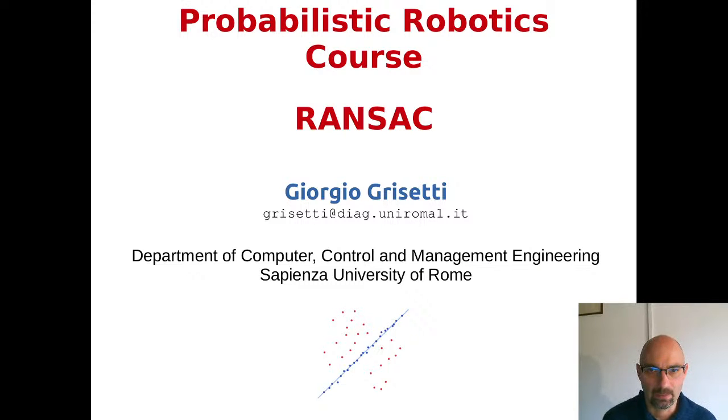And prior to that, I would like to recap what we have done in the previous lesson, where we just gave a very quick and dirty recap of computer vision.